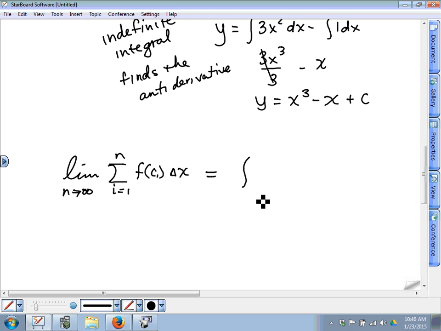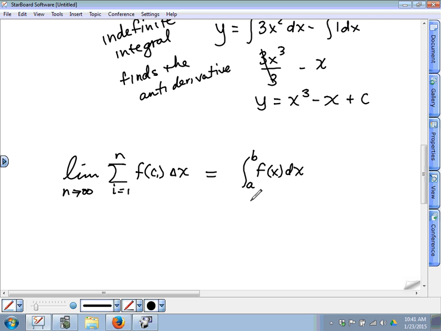It's equal to this: an integral from a to b of f of x dx. Now, I know we haven't done a ton of it, but taking an integral is just like what we just did. We took an integral, right? That's most of what a definite integral is: you take an integral. But the difference is we have a lower bound and an upper bound.